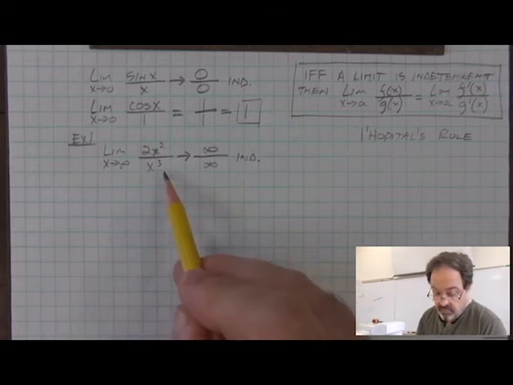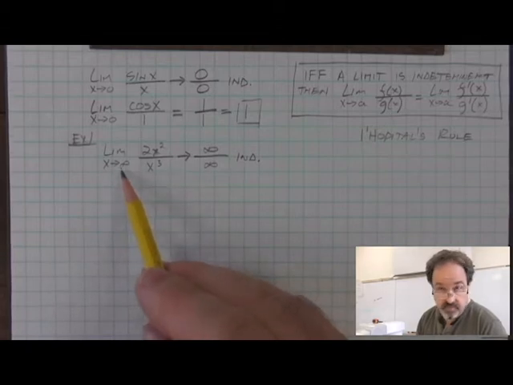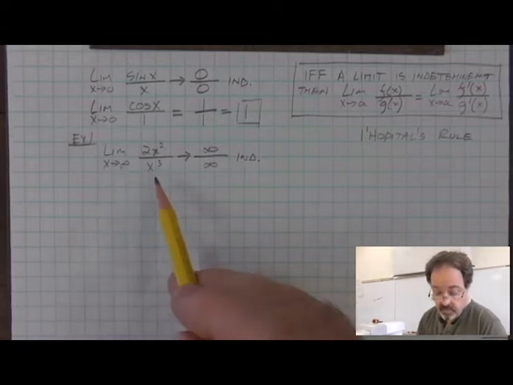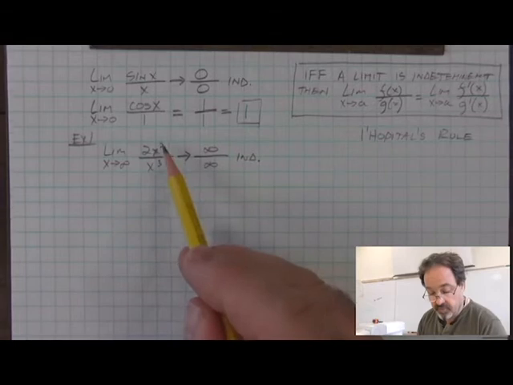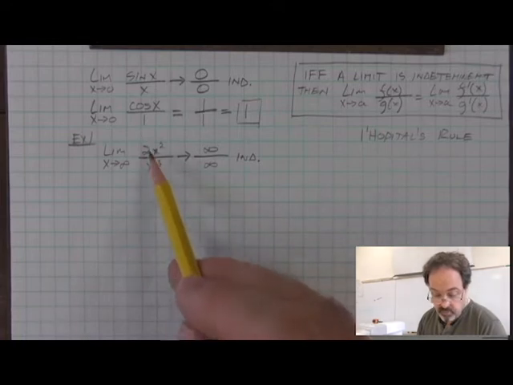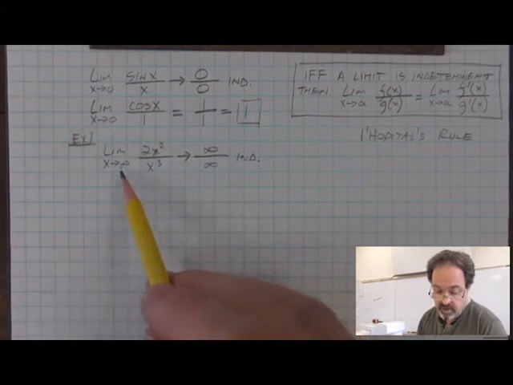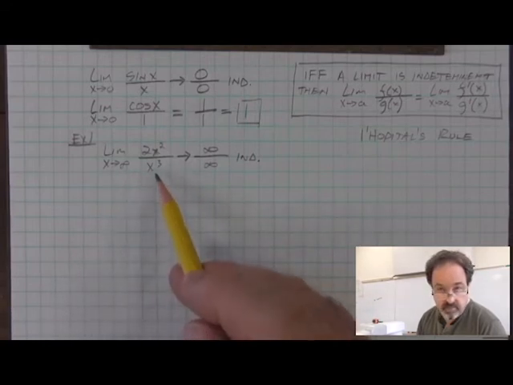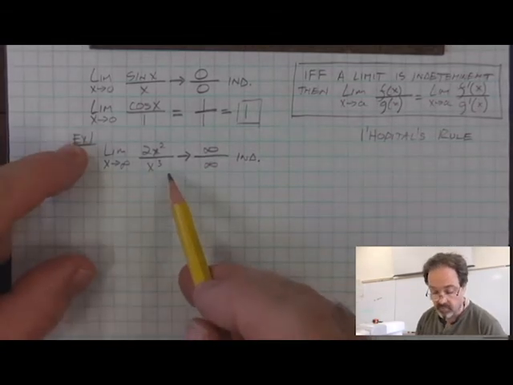But dominance is not a formal justification, though it's very handy in helping us with infinite limits. The other thing that we can do to formally justify is algebraically cancel out the common factor of x squared. So we'll be reduced to 2 divided by x. And by a limit law, which is formal, we can also see that the limit as x goes to infinity when x is in the denominator will be 0. So we expect this to be 0.